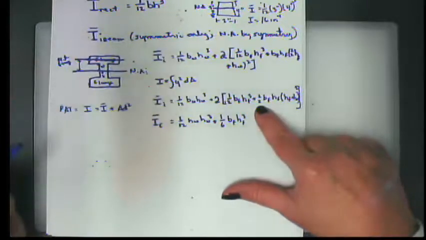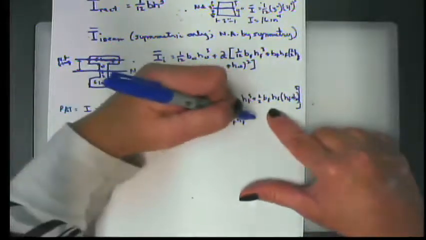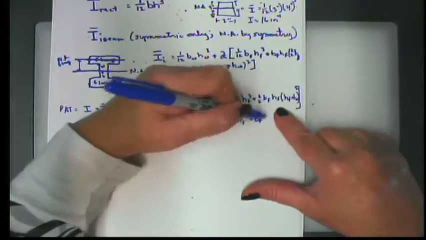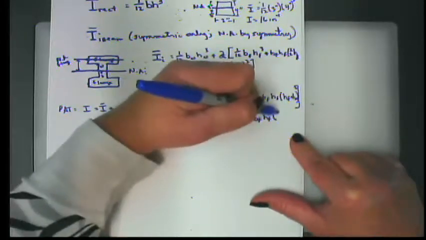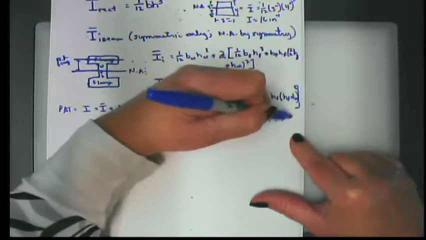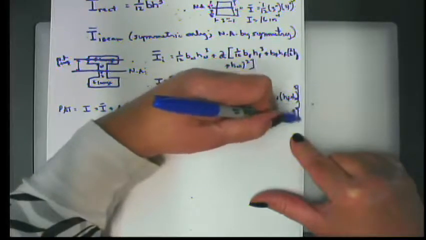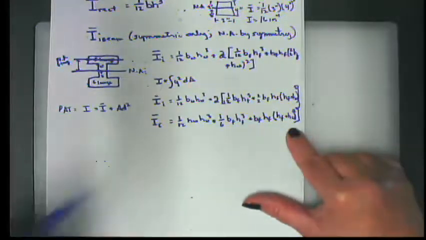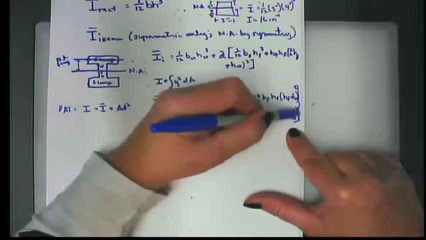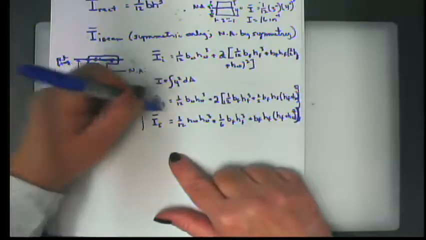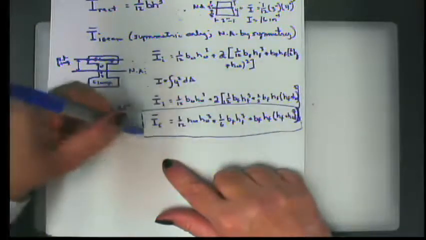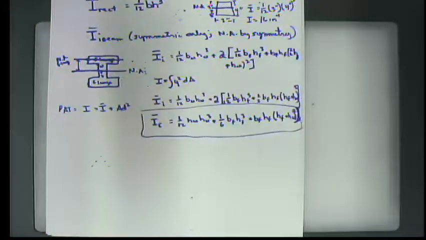When I multiply this through, the half goes away, plus base of the flange times height of the flange times the quantity, height of the flange plus height of the web squared. Okay? So there's the formula based on the dimensions of the I-beam.